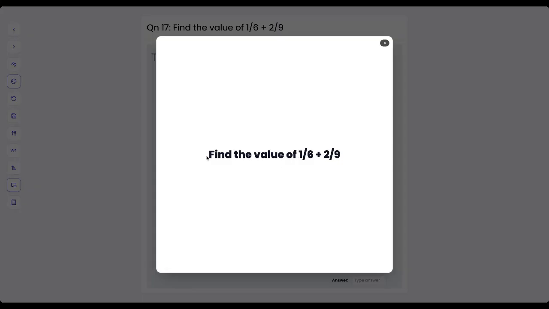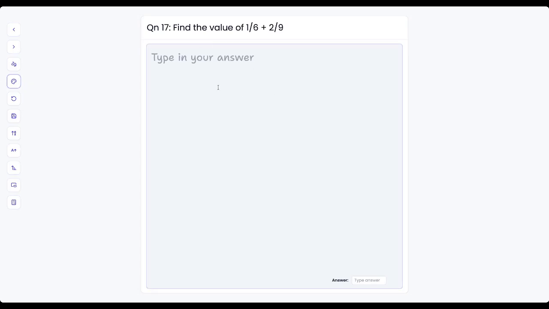Question 17. Find the value of 1/6 plus 2 over 9. So let's find the lowest common multiple of 6 and 9, which is equal to 18. The common multiple of 6 and 9, the denominators.